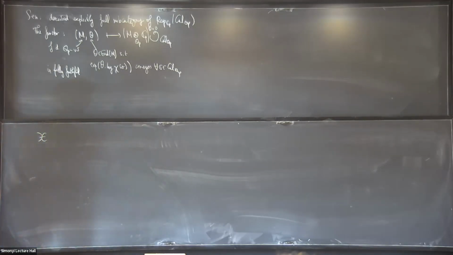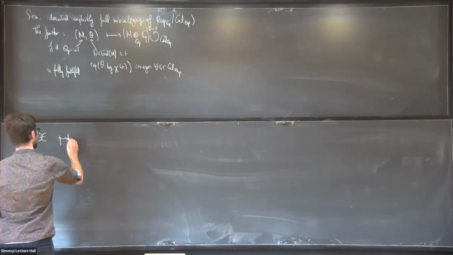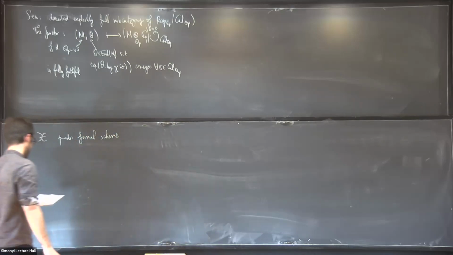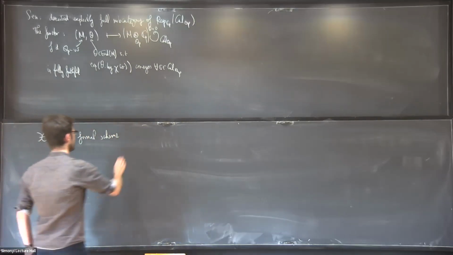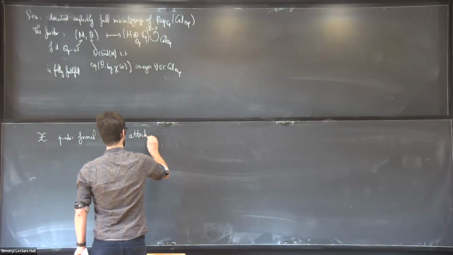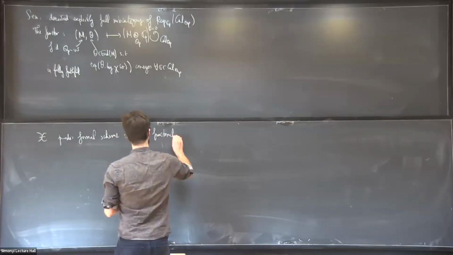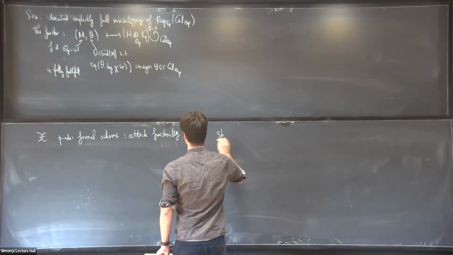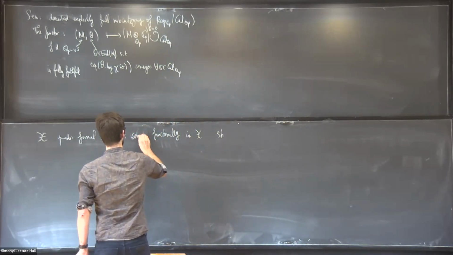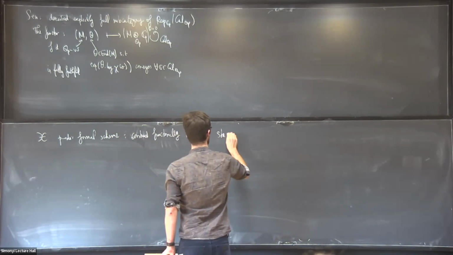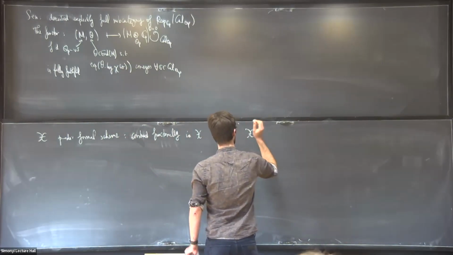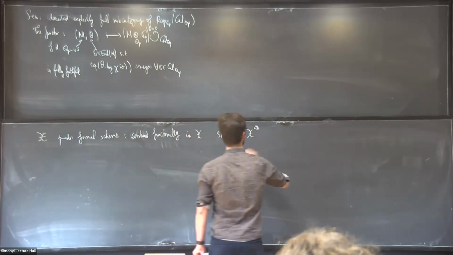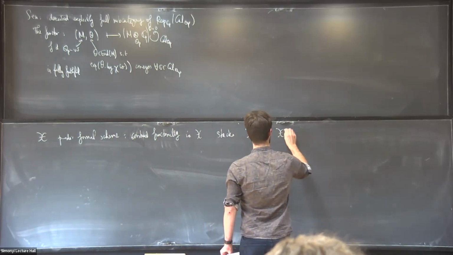I write frak X for a p-adic formal scheme. So what Bhatt-Lurie and Drinfeld do is they attach functorially in X, they construct stacks, of which the only one I will care about today is the prismatization of X, which contains a certain closed substack called the Hodge-Tate stack.